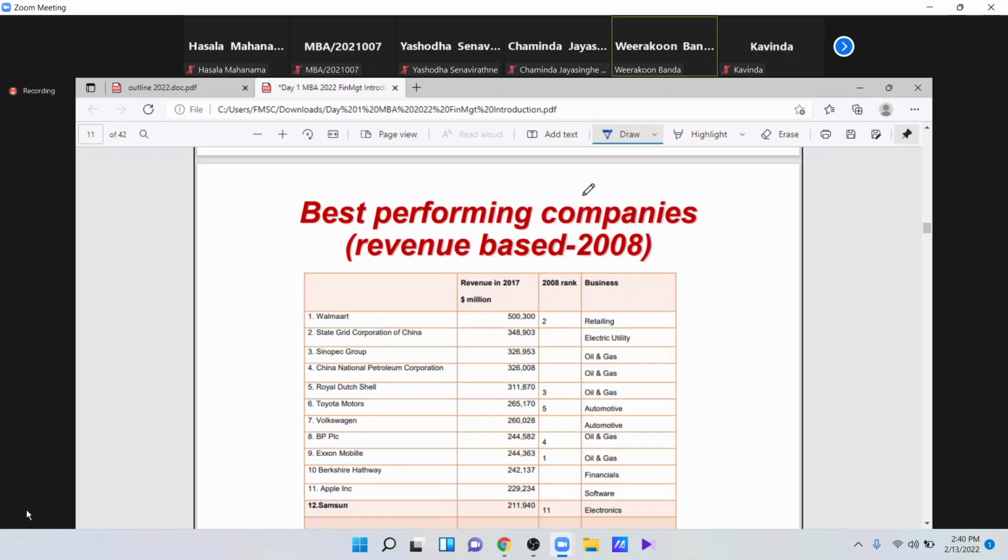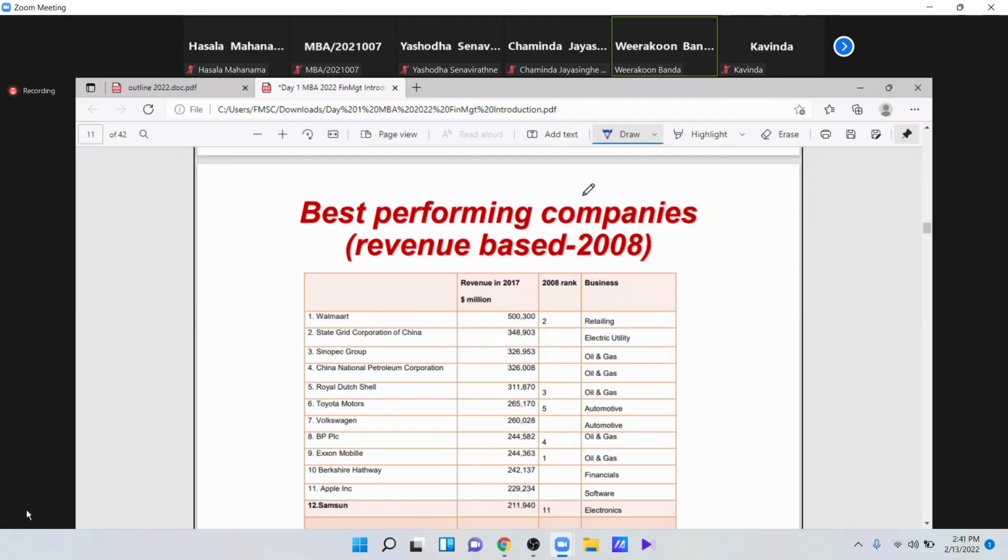But on the right-hand side it indicates their rank in 2008. Walmart in 2008 was rank 2, retail business. Royal Dutch Shell's rank in 2017 was 5, but in 2008 it was 3, oil and gas.